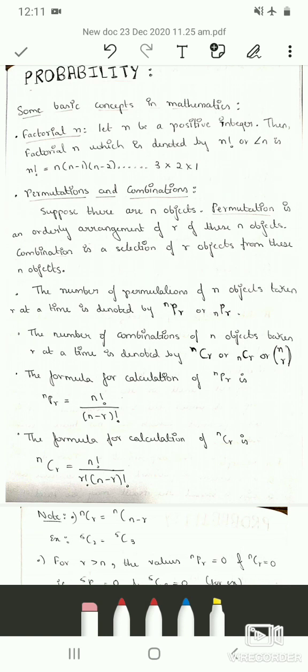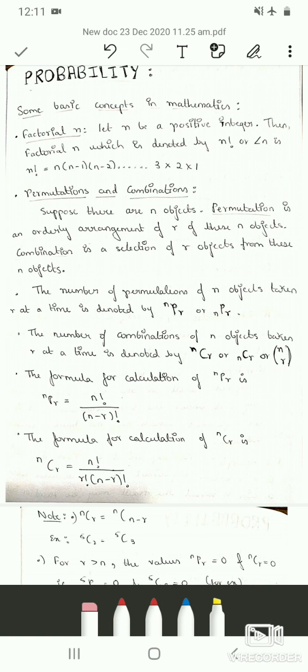Similarly, 3 factorial would be 3 into 2 into 1, and 2 factorial is 2 into 1. And 7 factorial would be 7 into 6 into 5 into 4 into 3 into 2 into 1, which is 5040 when you multiply. Also remember, 1 factorial is nothing but 1 and 0 factorial is always taken as 1.